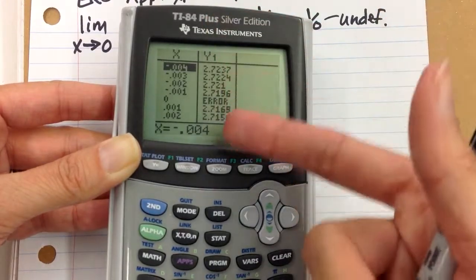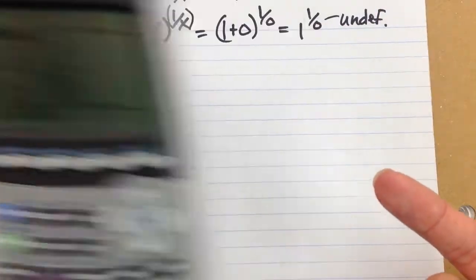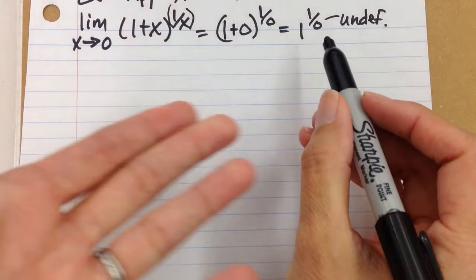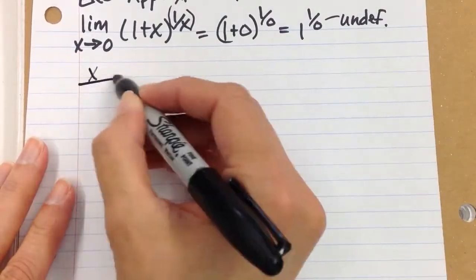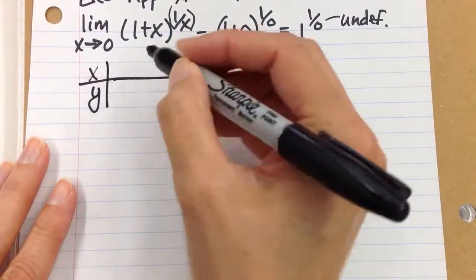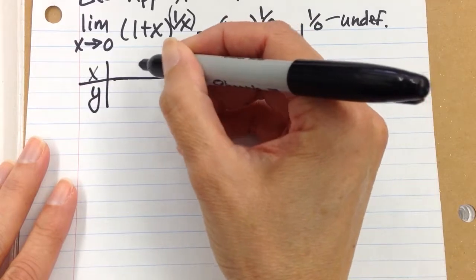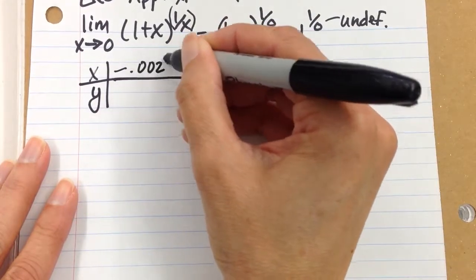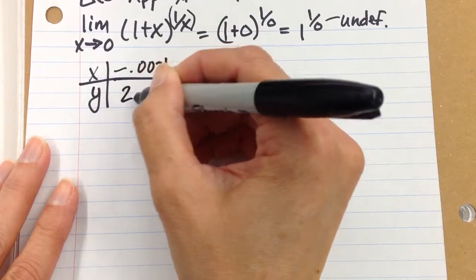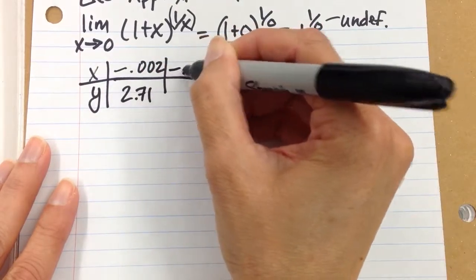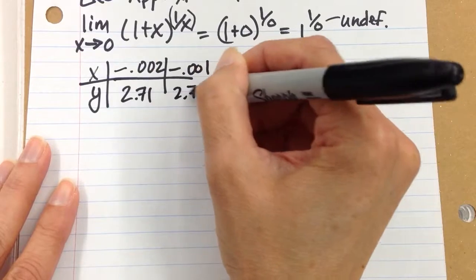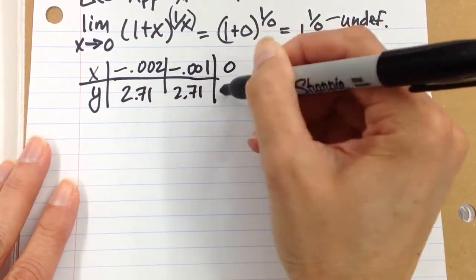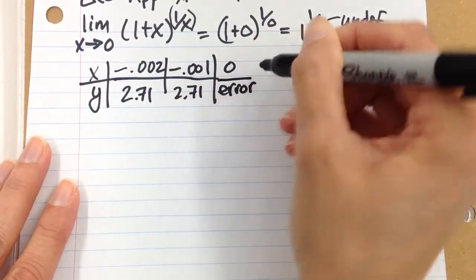So this is approaching e. Okay, and we need to recognize that. Our table looked like this: negative 0.002, 2.71; negative 0.001, 2.71; 0, error, right? There's a hole there.